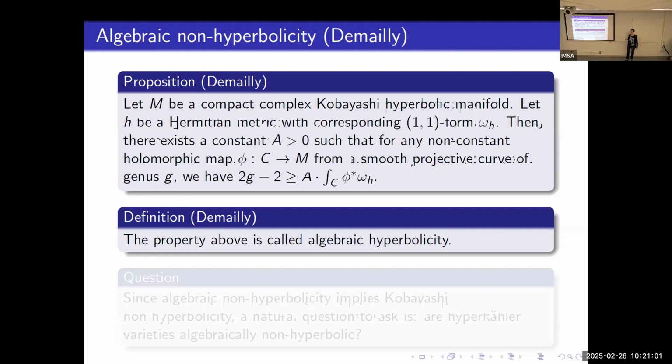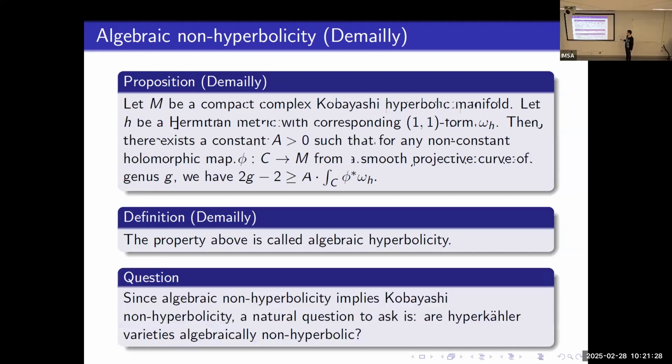But because of the conjectures we have, Green-Griffiths, the Lang conjecture, and the Vojta conjecture, conjecturally the opposite is also true. That conjecturally algebraic hyperbolicity should also imply Kobayashi hyperbolicity. We don't know it yet, but conjecturally that should be true.